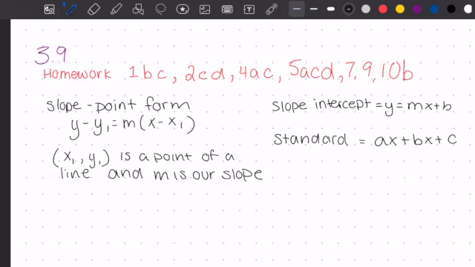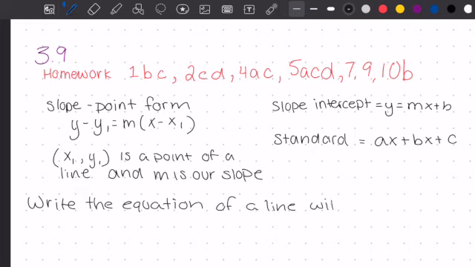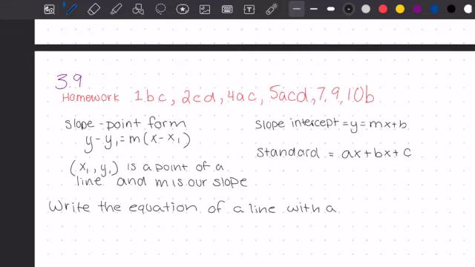So let's see, a good example here. Write the equation of a line with a slope of -2.